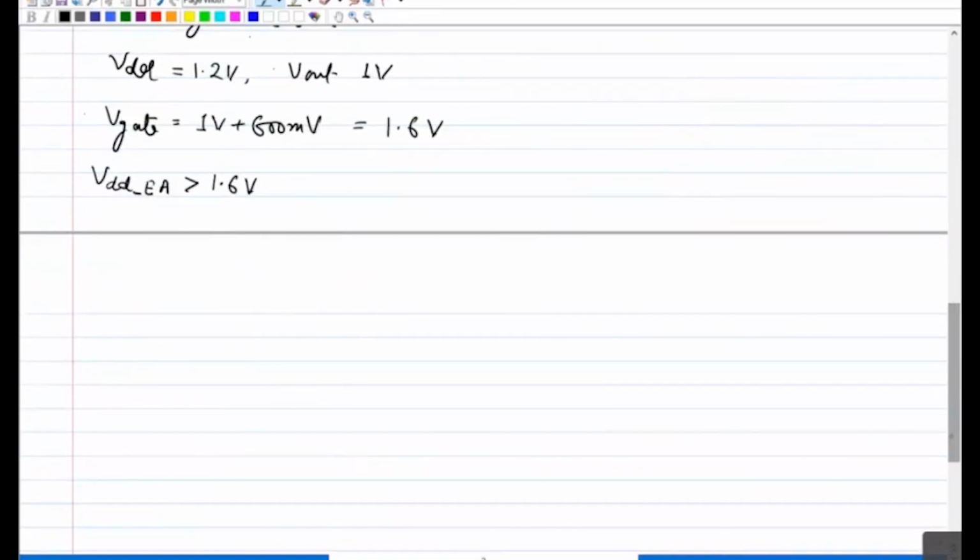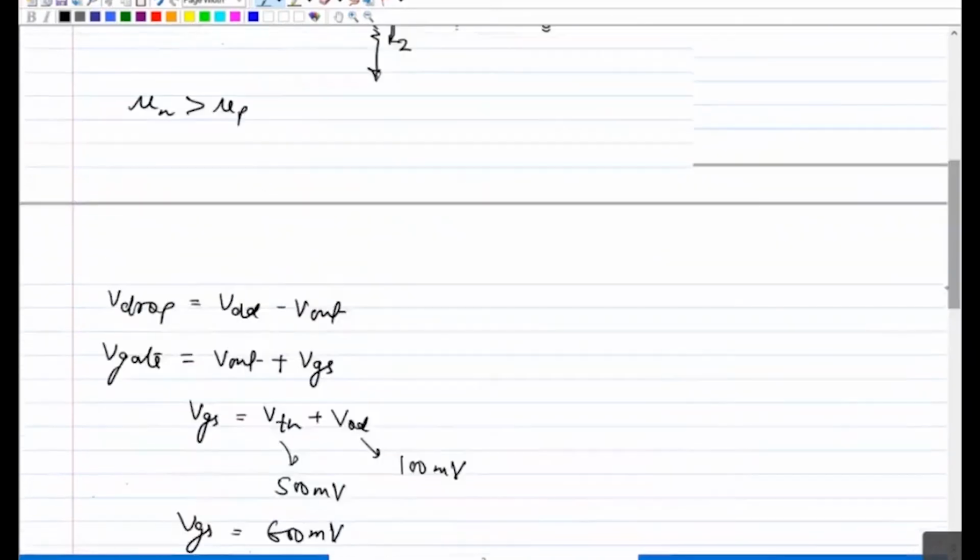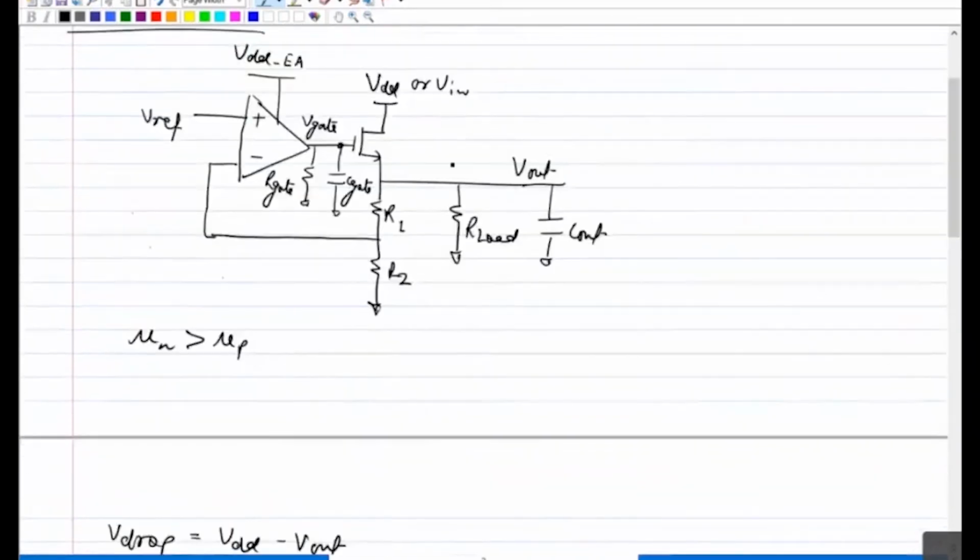Let's say your dropout is 600 millivolt, your VDD is 1.6, output is 1, then V gate required will be 1.6. So you'll be at the edge, which means your error amplifier will saturate at VDD, which you don't want. So it should always be greater than that.